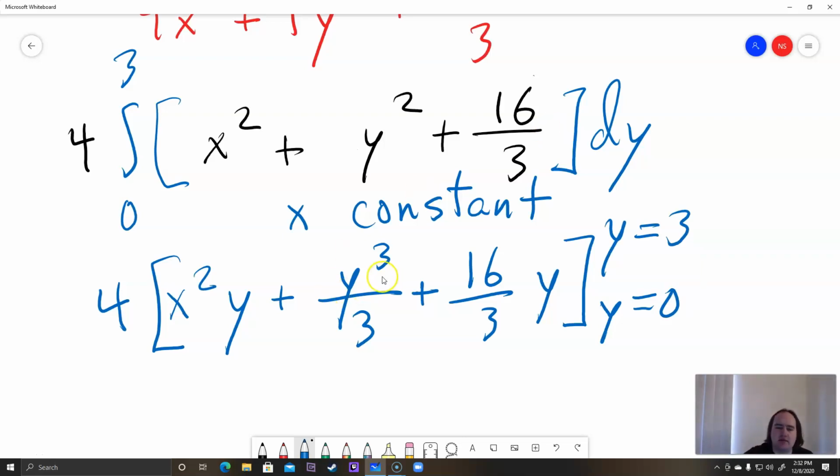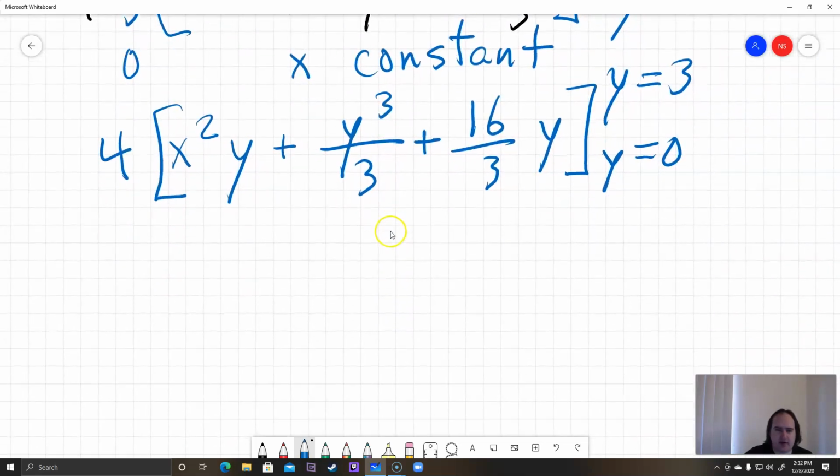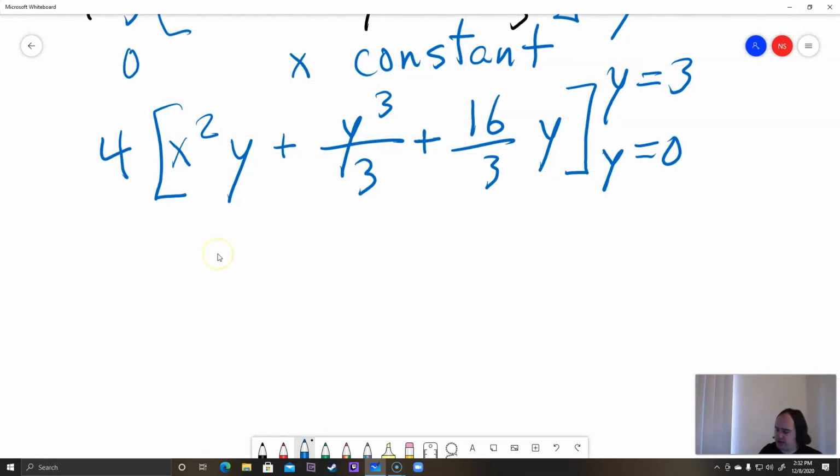And last time factoring out the variable didn't really seem to help that much. So I think I've learned my lesson, and this time I'm not going to factor out a variable. The only thing that I will factor out here is maybe a 1/3, just to make it so we don't have fractions on the inside. So I'll go ahead and factor out a 1/3 from the whole expression.